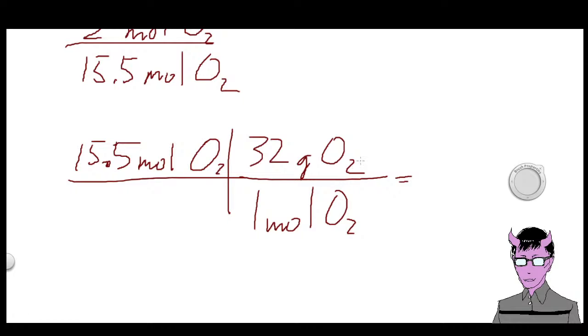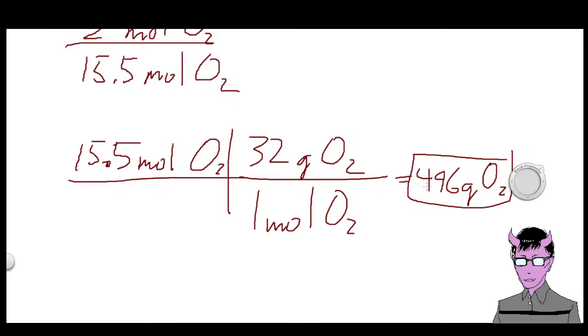So we have 15 times 32, which is too much for my brain. I can only do single digits times 2 digits. So 15.5 times 32 gives us, oh, very clean, 496. 496 grams worth of oxygen. Again, what does this mean?